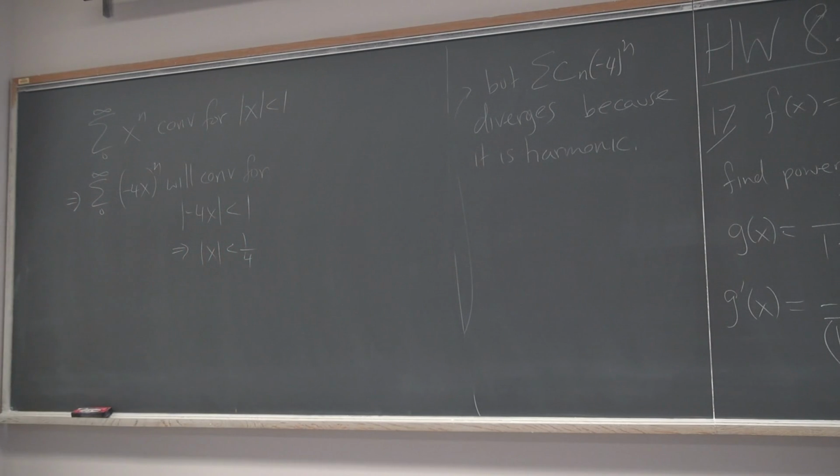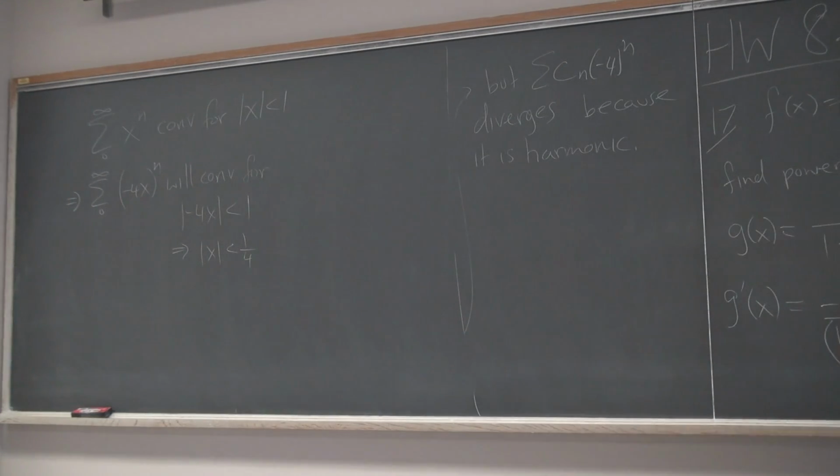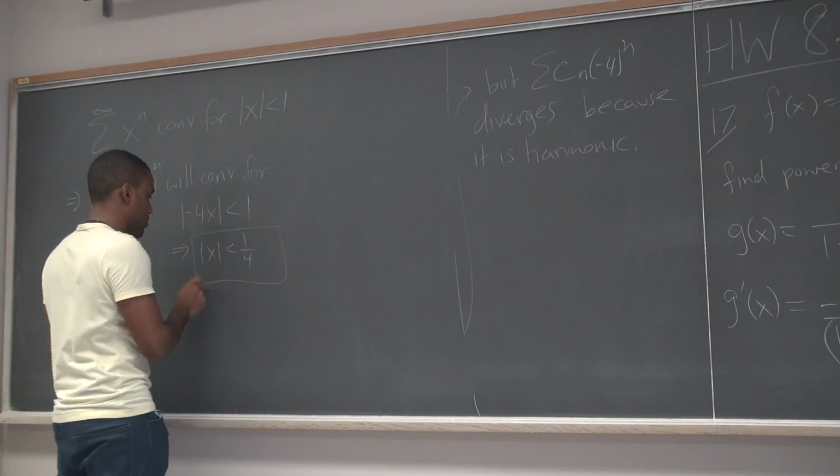How do you get to the minus 4x to the n from that? Because you have n minus 1 x to the n. No, from here. I'm looking at this guy. Oh, and because the radius of convergence is the same. Yeah. So the radius of convergence for this guy is the same as his derivative. So if I know this guy, I know that guy. So that's my radius of convergence.